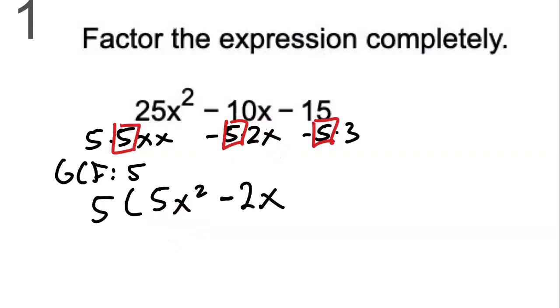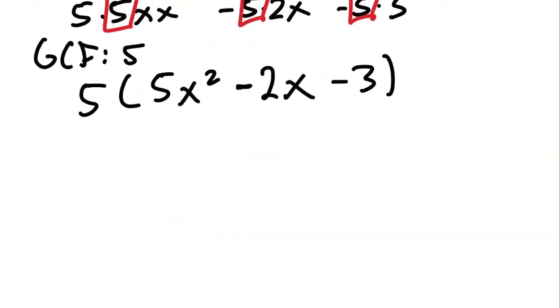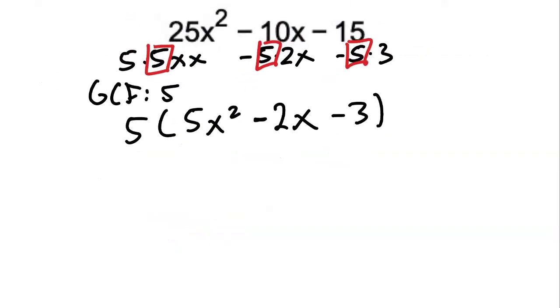Negative 2x. I recommend using a highlighter or marker so that you know that you took out the 5. And the negative, we did not take out the negative, so that just stays with it. This term here, what are we left with? Negative 3. So that is always your first step when doing these problems: try to see if there's a GCF. Does anyone have any questions so far?